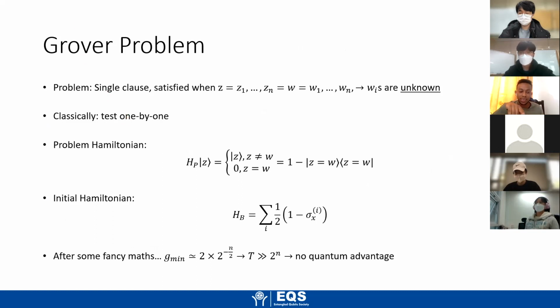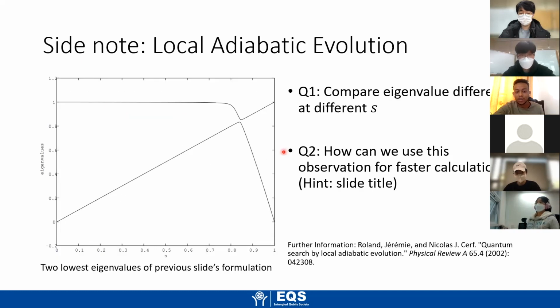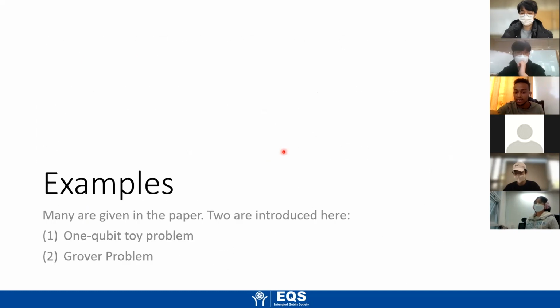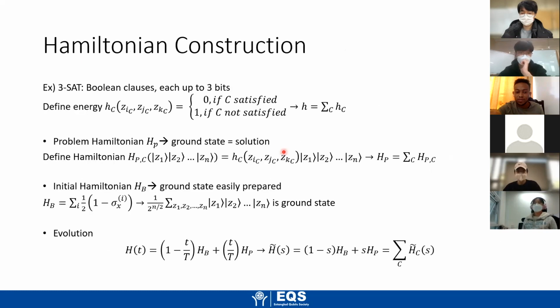There was one slide, I guess. This one or this one? Not this one. When you were determining the complexity, there was a slide where you were talking about epsilon and G-min. Yeah, maybe here.